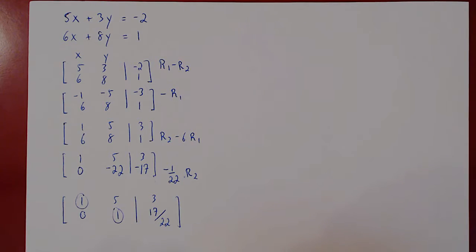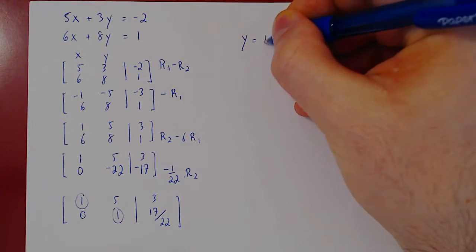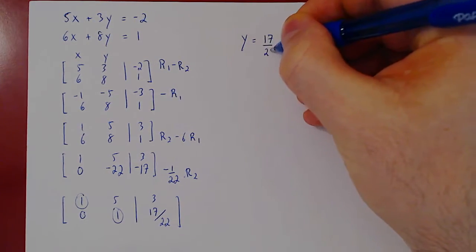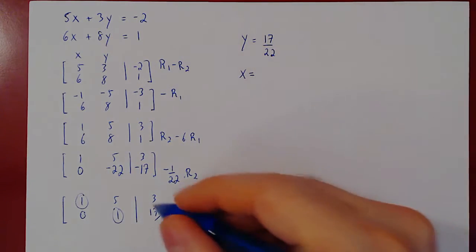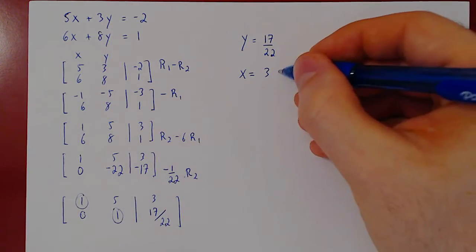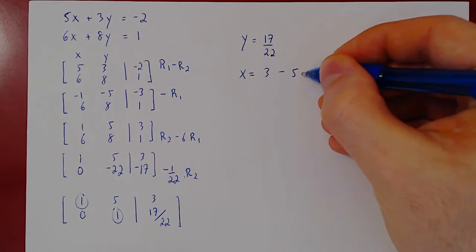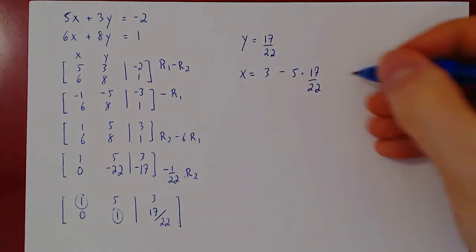So here we don't get the reduced row echelon form. We will simply solve the system using backwards substitution. So we first solve for y. Y is 17 over 22. And we can now solve for x. X is 3 minus 5y, so minus 5 times y, but y is 17 over 22. Let's simplify.